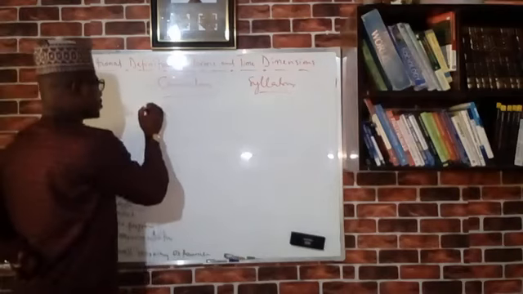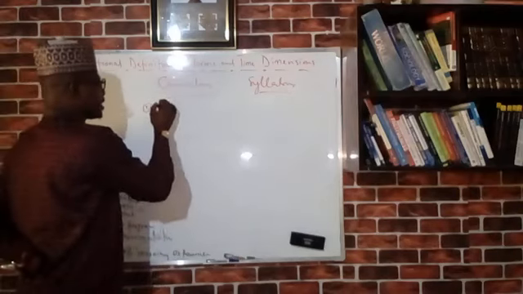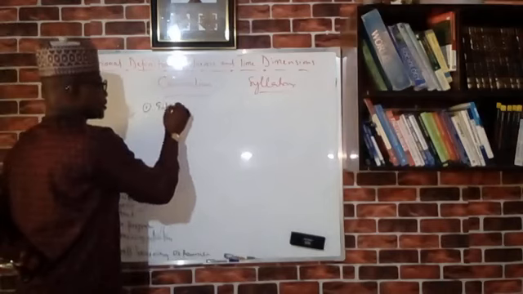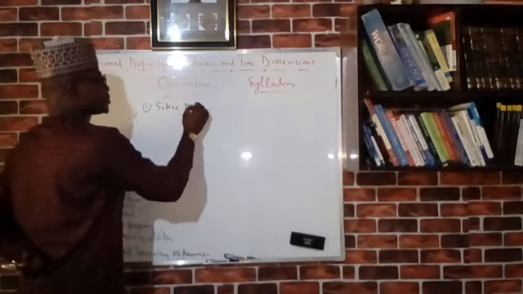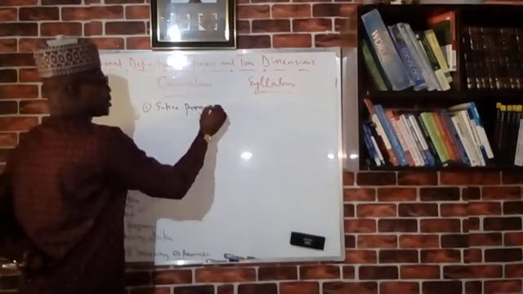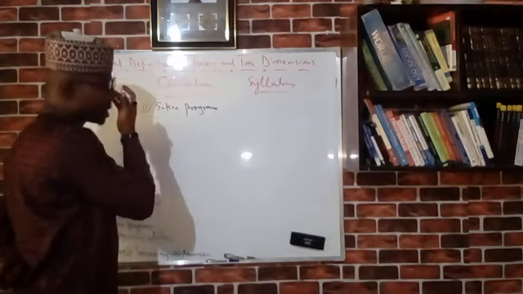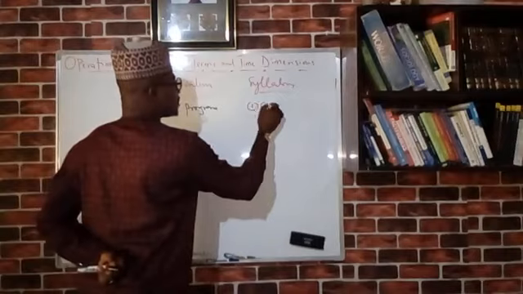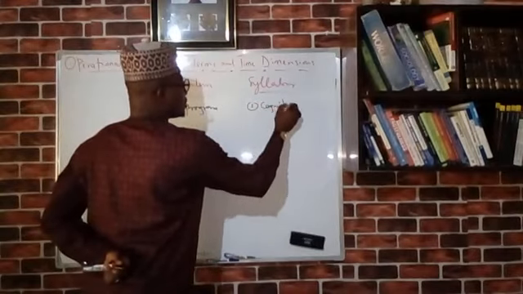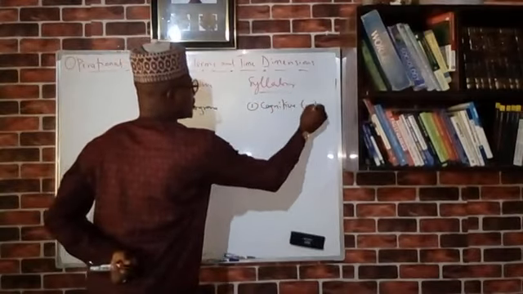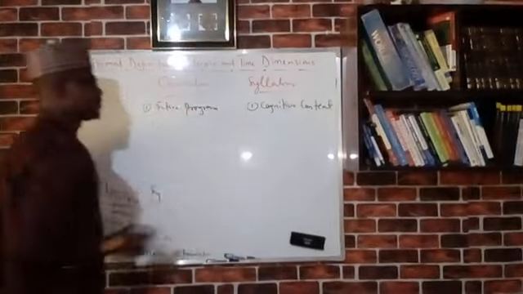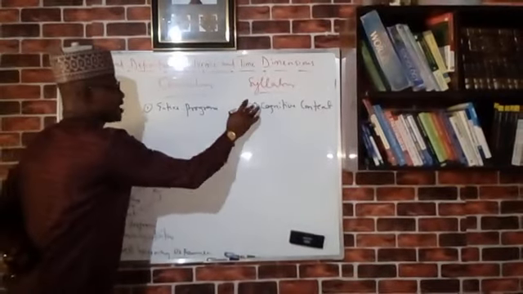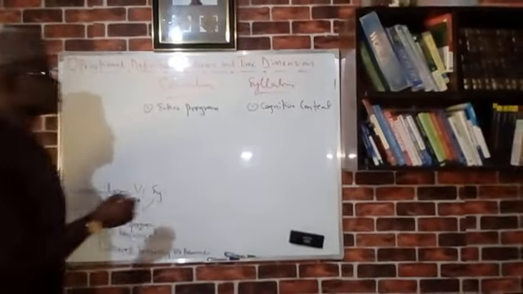this one will be the entire program, and don't forget, when we say the entire program, this one will be the cognitive content. So this is one of the ways in which they differ in terms of meaning and application.